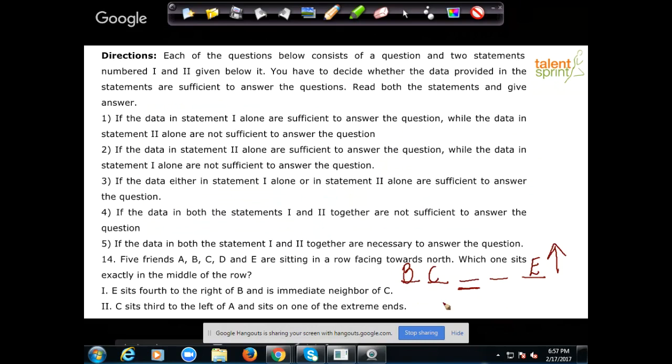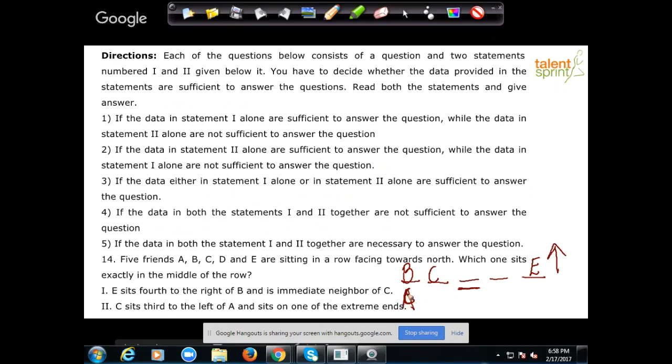Now, C sits 3rd to the left of A and sits on the extreme end. Now, we know that C cannot be sitting on the extreme end because C is actually, now, even if I put C, let us say, on one of the extreme ends, C sits to the 3rd left.